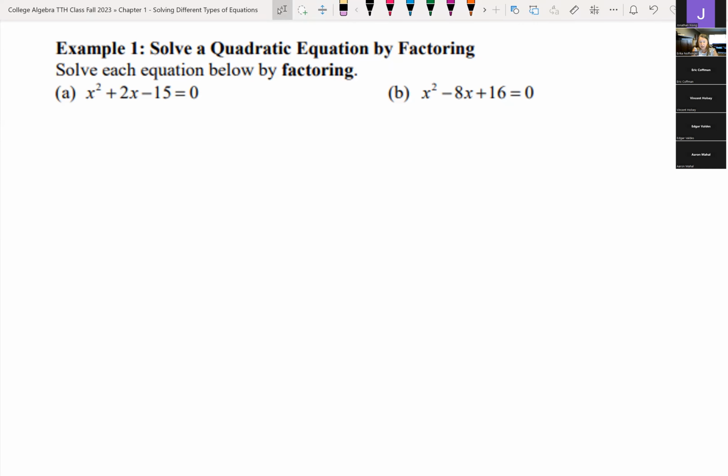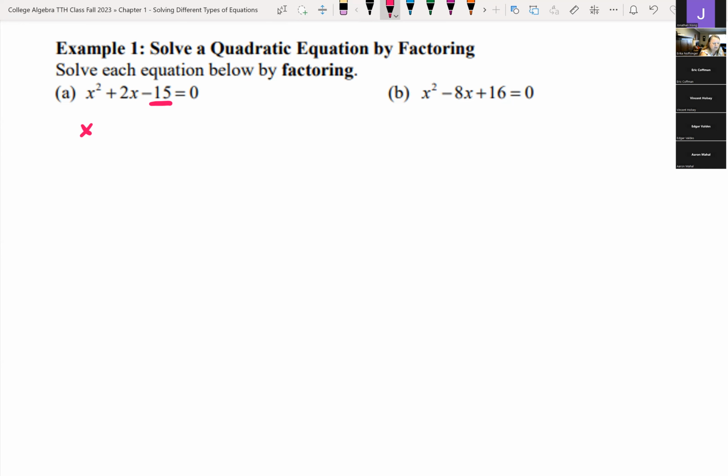When I factor, I look at how many terms I have. I have 3 terms, in the form of x squared plus 2x minus 15, and the coefficient in front of the x squared is 1. So what we're trying to do is find two numbers that multiply to give us our constant.